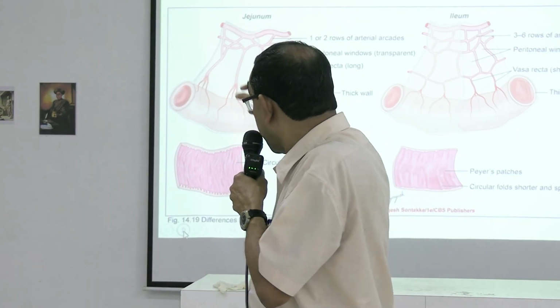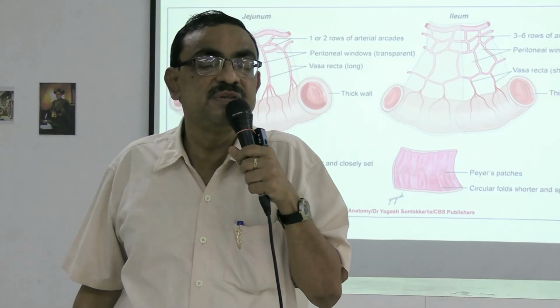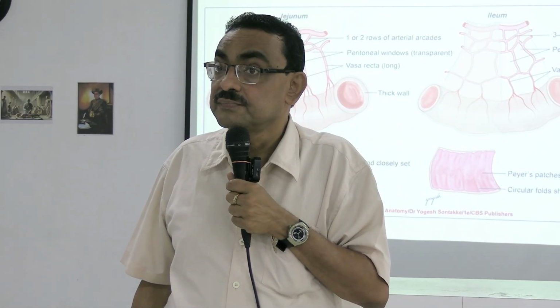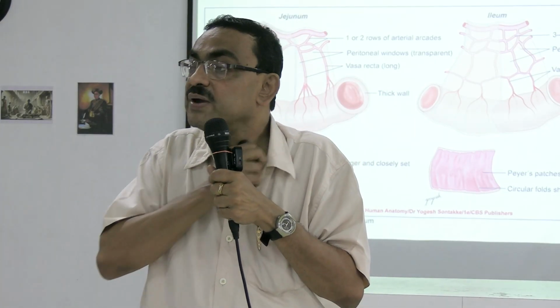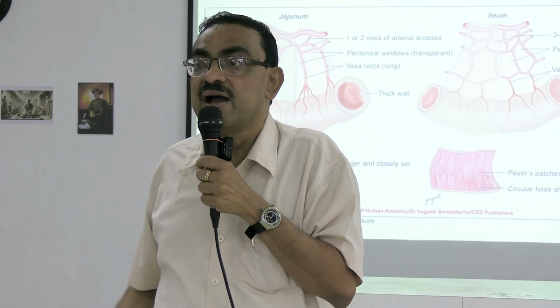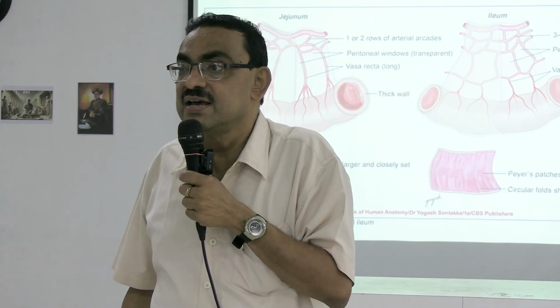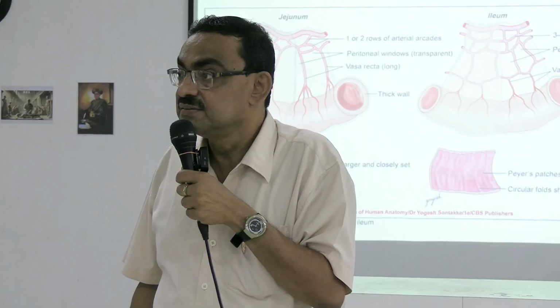And the lining epithelium, what is the lining epithelium? We can find the columnar cells. We can find the goblet cells in between. Goblet cells help in secretion.